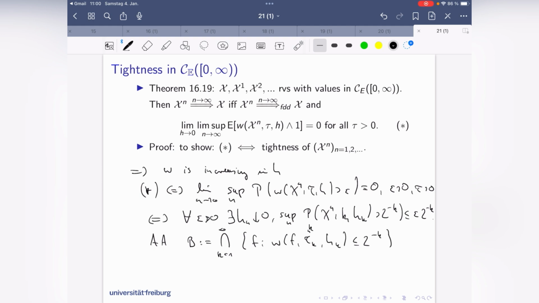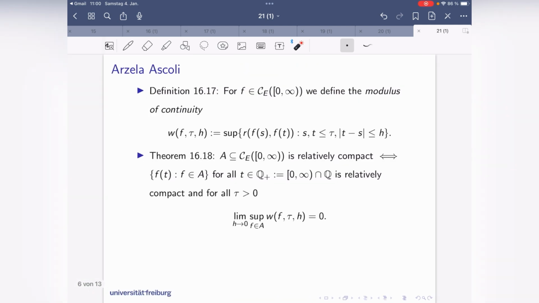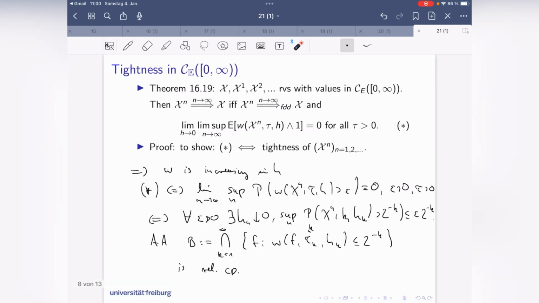Yeah, this here is relatively compact, because as the Arzelà-Ascoli result tells me, this modulus of continuity has to go to 0 uniformly if h_k goes to 0, right? So this here goes to 0, then this supremum must also go to 0.